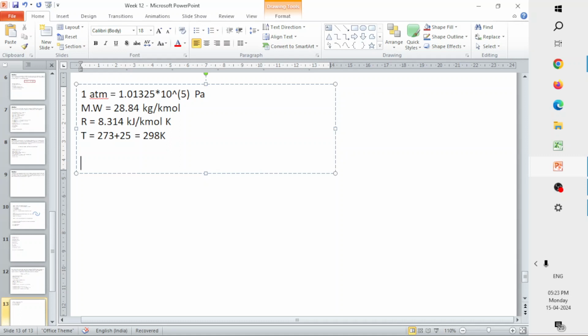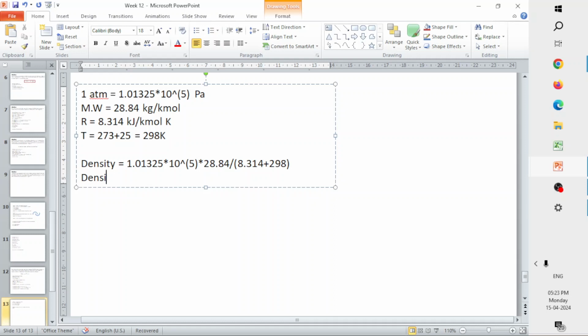So now we will substitute. So density is equal to pressure in Pascal, 1.01325 into 10 to the power 5 times 28.84 divided by R, that is 8.314 times 298. So you can calculate the density as, so I hope you are calculating along with me.